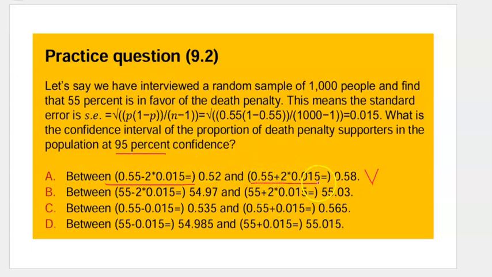And then this one is between 0.52 and 0.58. So that is a margin of error. Even though your mean value is 0.55, between 0.52 and 0.58 will be considered the same. That is the concept of a margin of error.